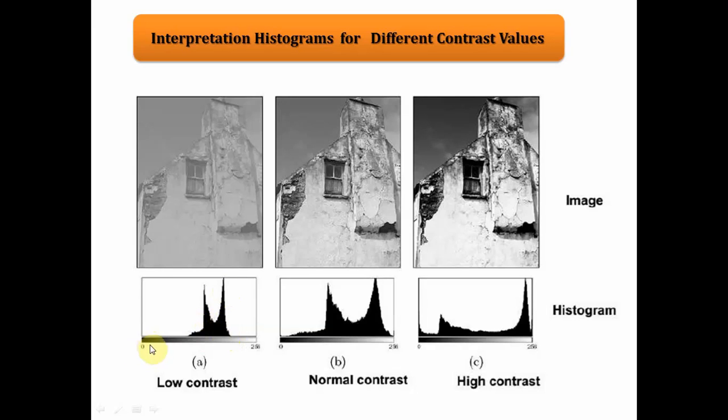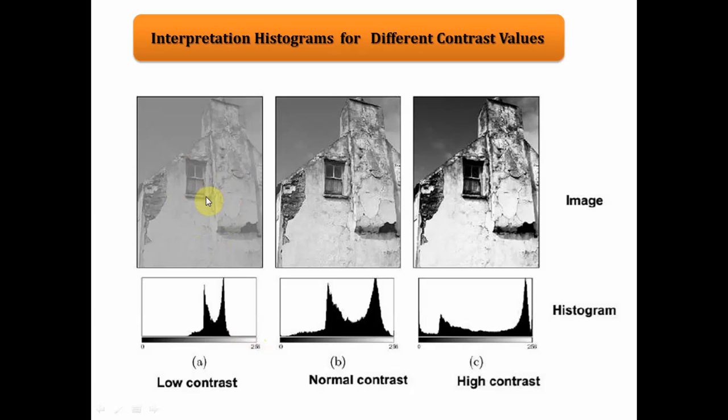If you consider the values 0 up to 256, in image processing we consider 0 to 255, that is 0 to L minus 1. You are actually utilizing only a small area from 0 to L minus 1, which gives you a low contrast image. That is why the image is not clear.